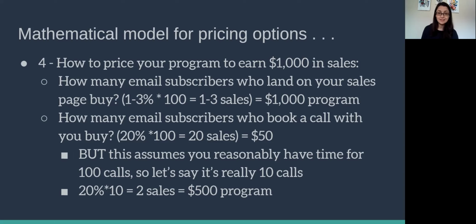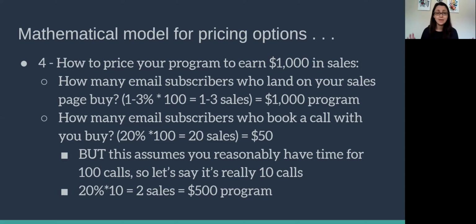We need to price our program at $1,000 in order to make that $1,000 because realistically, based on our list size, based on our conversion and sales process, we need a high priced program for a small number of clients.